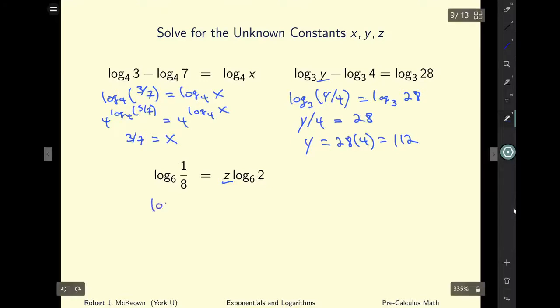I can rewrite this as log base 6 of 1 over 8 is equal to log base 6 of 2 to the power of z. If I do that, and now I take 6 to the log base 6 of 1 over 8 is equal to 6 to the log base 6 of 2 to the z, I end up with just 1 over 8 is equal to 2 to the power of z.